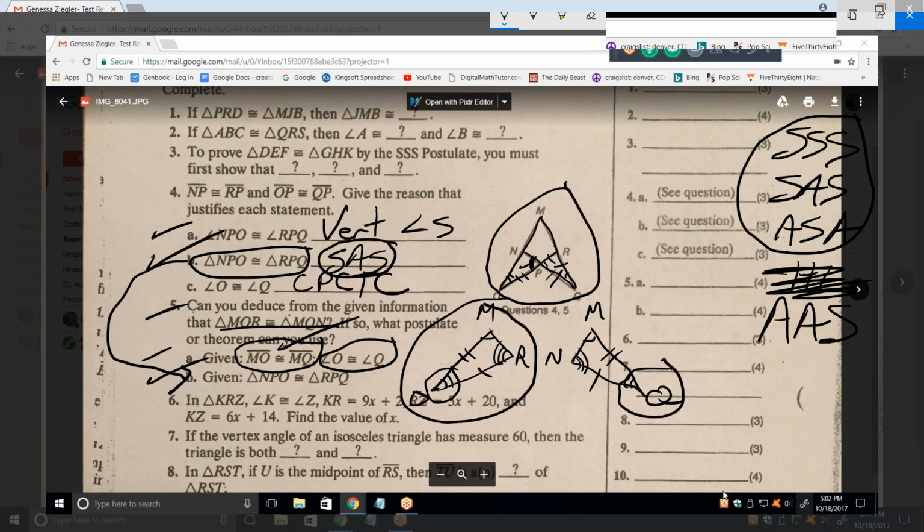Given that, now I get it. Can you deduce that MOR is congruent to MQN? In other words, they're ignoring question 4, which I didn't get.